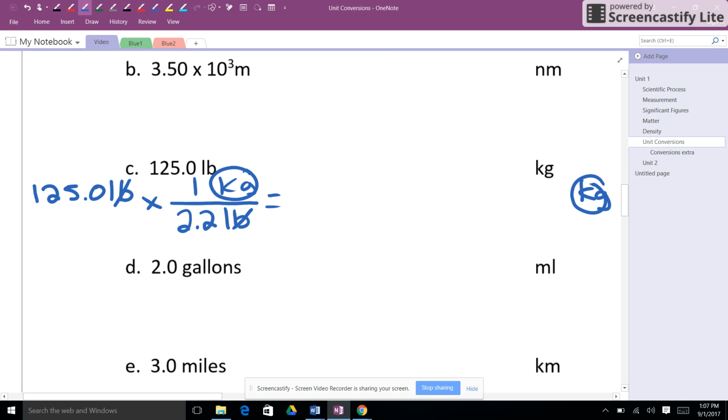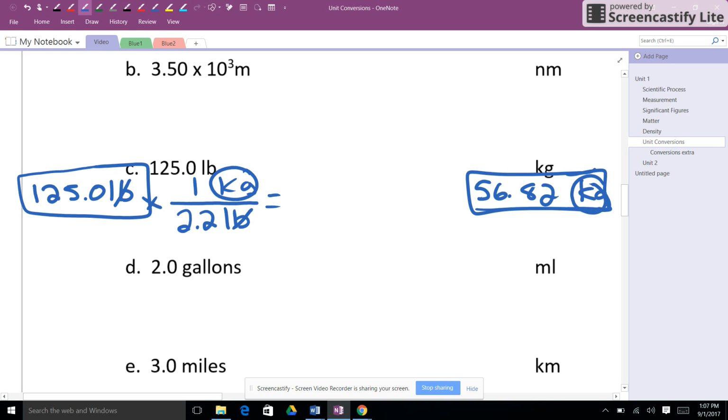Now we can get out the calculator and do 125 divided by 2.2. Now when you're trying to think about how many numbers to put in this final answer, how many sig figs should go here, I want you to always look at the beginning information. Forget about the conversion factors. They have no influence on this. Since there are 4 significant figures in 125.0, we're going to try and get 4 significant figures in this answer. So 56.82 kilograms would be the perfect answer.